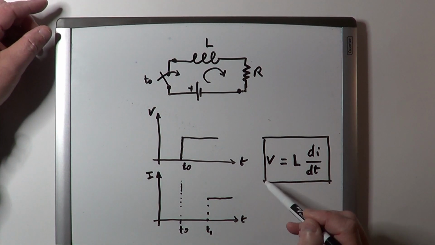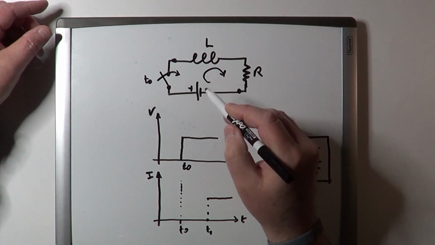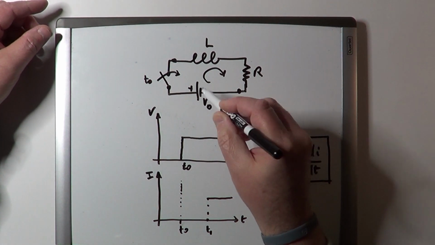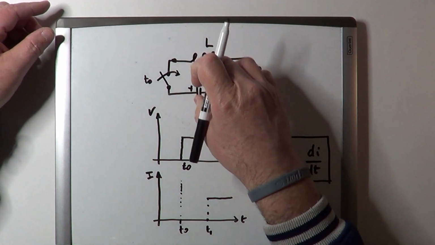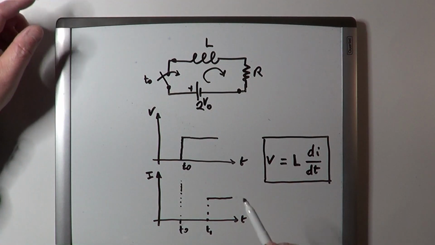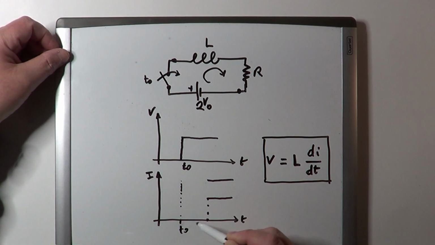Now this formula also tells us that when we change the value of the voltage, for example, let's say initially we had a V0, and instead we replace this battery with a different one, which is 2V0. Then the current will increase also at the new value, but the time where this happens is exactly the same.